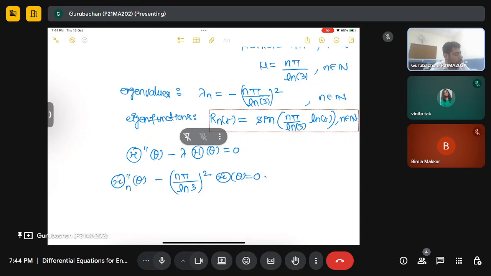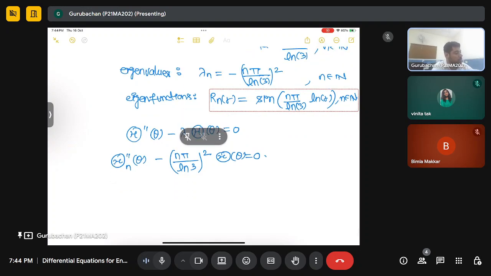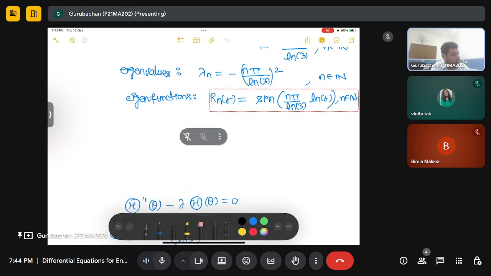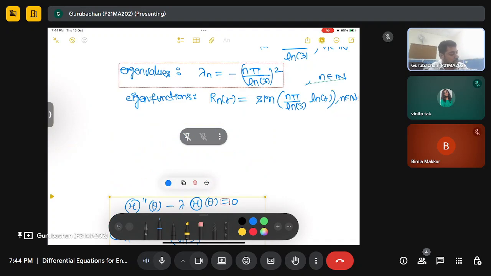And moreover, let me first mention here that since you got your eigenfunction, what will be your inner product with respect to this eigenfunction?